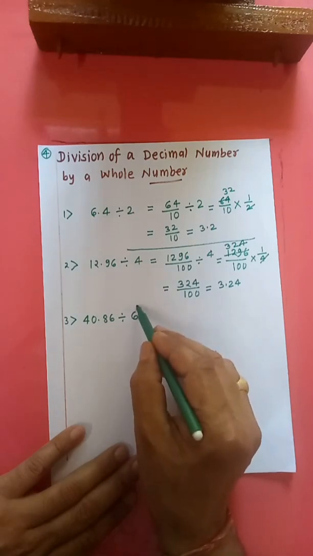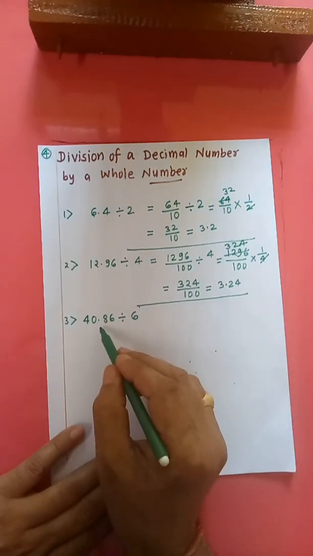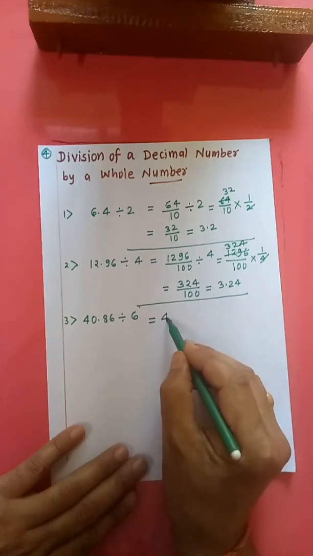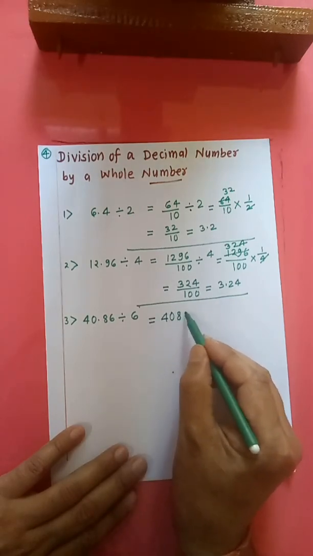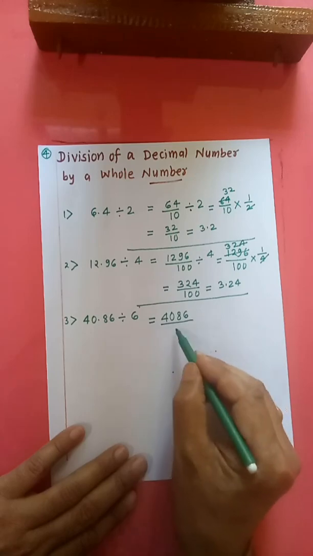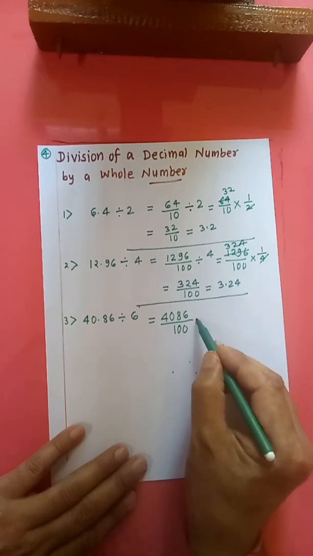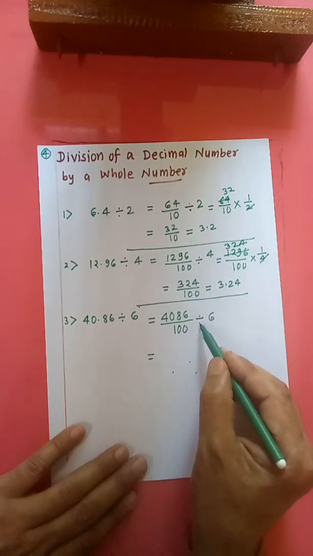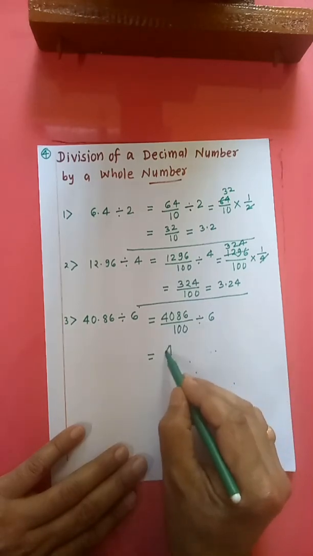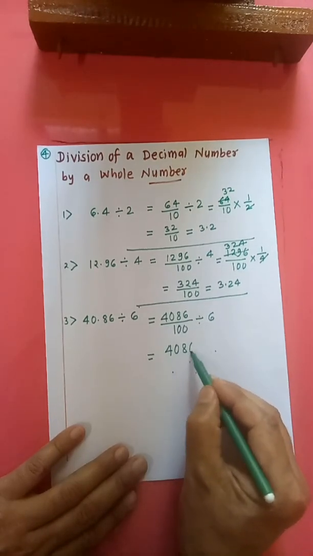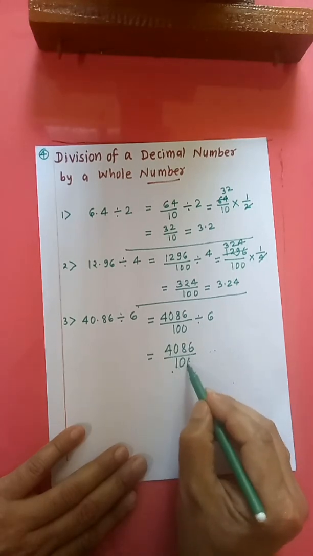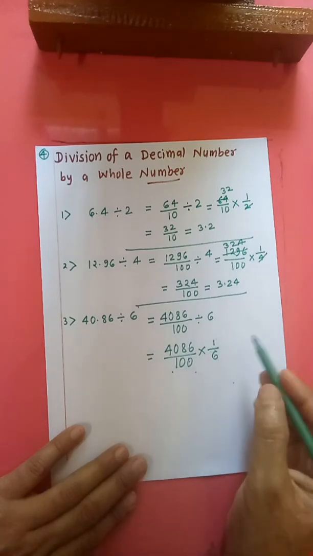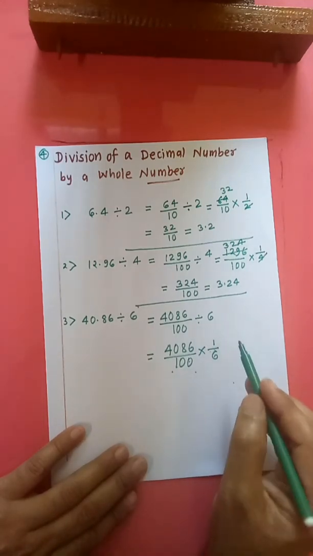Another example, 40.86 divided by 6. First we remove the decimal point and we will get 4086 upon 100 divided by 6. Now convert division into multiplication. We will get 4086 upon 100 multiplied by 1 upon 6, which is the reciprocal of 6.